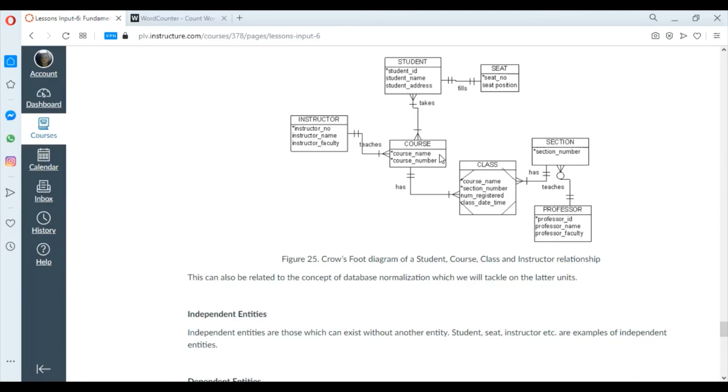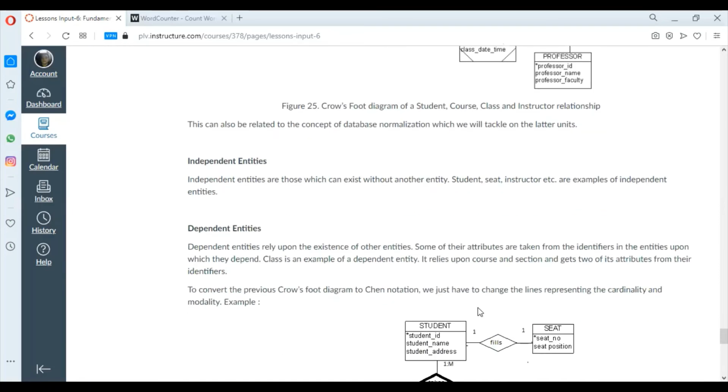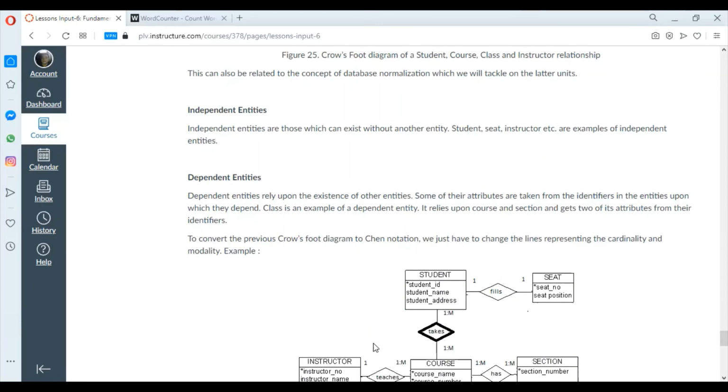We also have dependent entities which, according to the word, rely upon the existence of other entities. Some of their attributes are taken from the identifiers in the entities upon which they depend. Class is an example of a dependent entity. It relies upon course and section and gets two of its attributes from their identifiers.